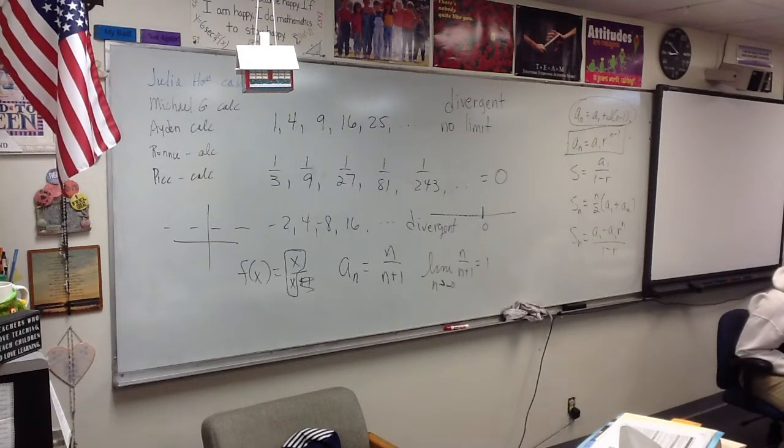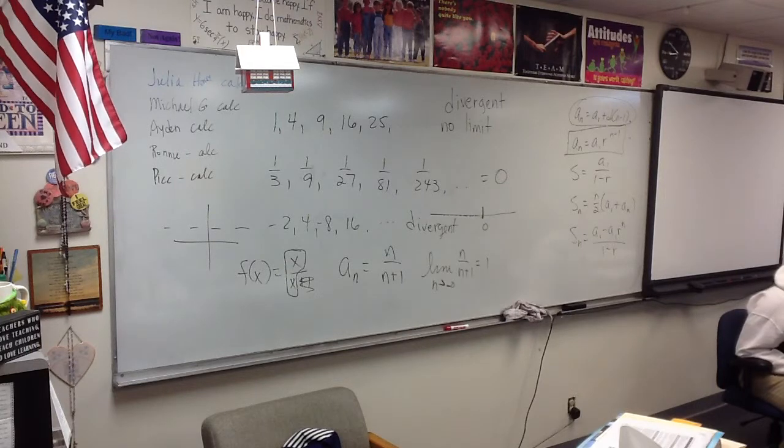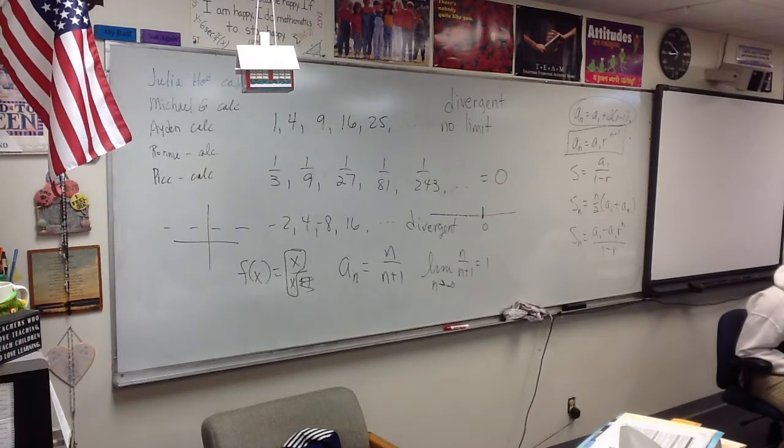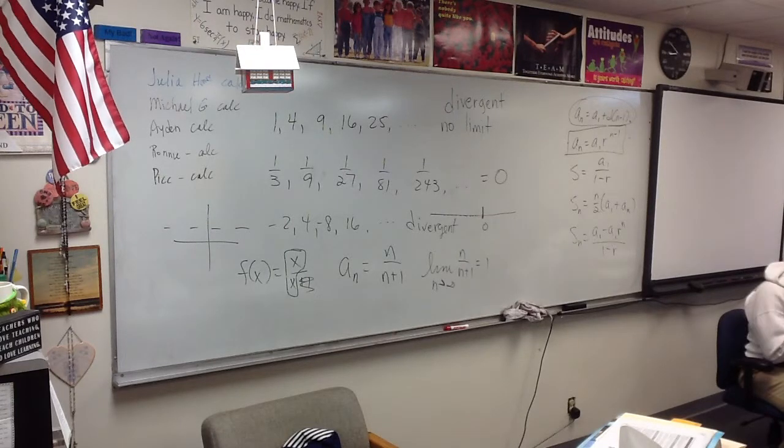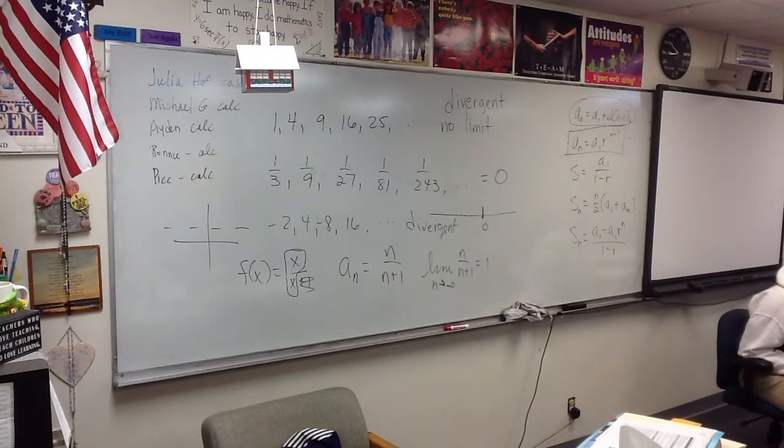The limit is 0. When the fraction is bottom heavy, it means the denominator is bigger, which means the fraction is smaller. When the denominator is bigger, your limit is always going to be 0. If the bottom is bigger, it's always going to be 0.